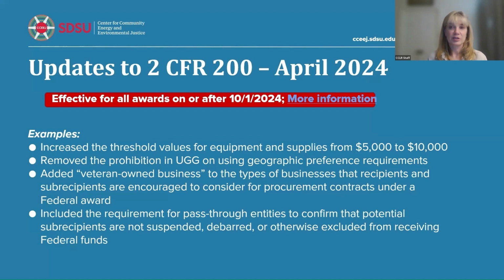So that's a huge one. And removing the prohibition in UGG on using geographic preference requirements, such as the proposer needs to be in the state of Washington or needs to be within the city limits of, right? So read up on these if you think you'll be getting an award on or after 10/1/2024.